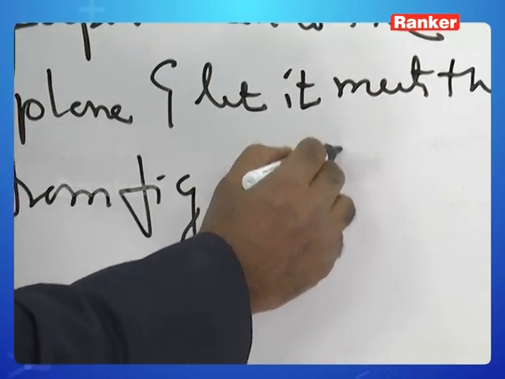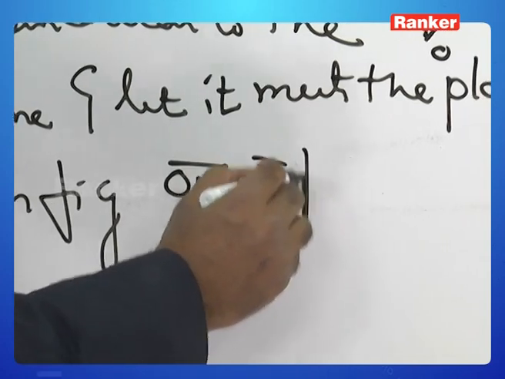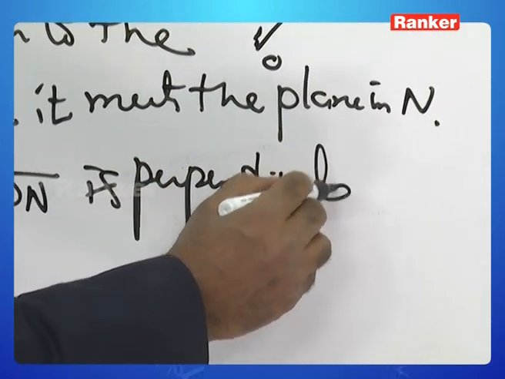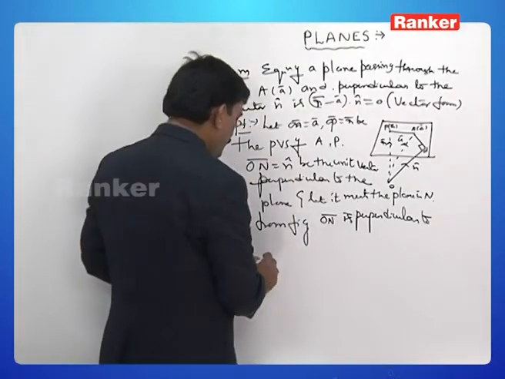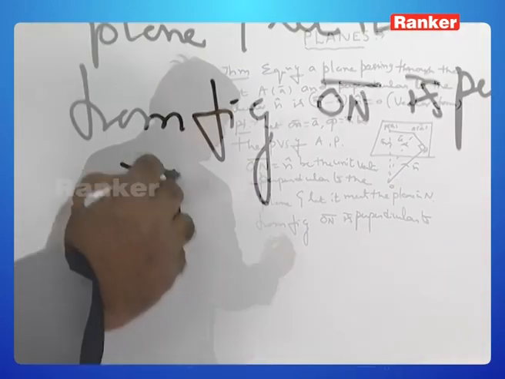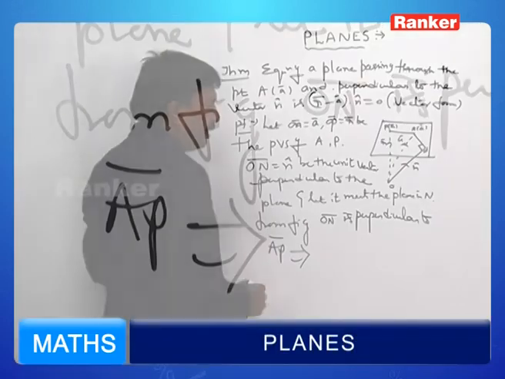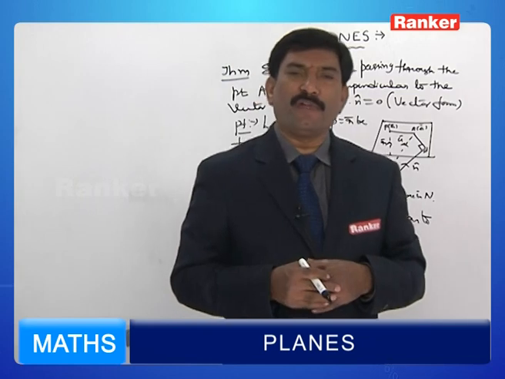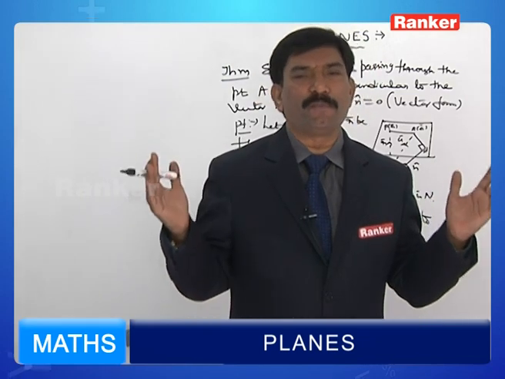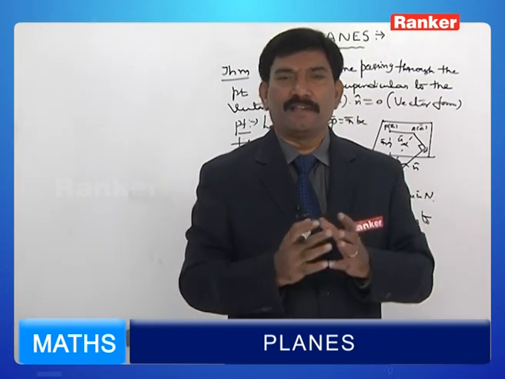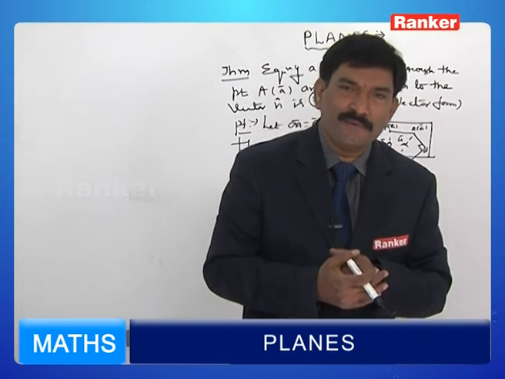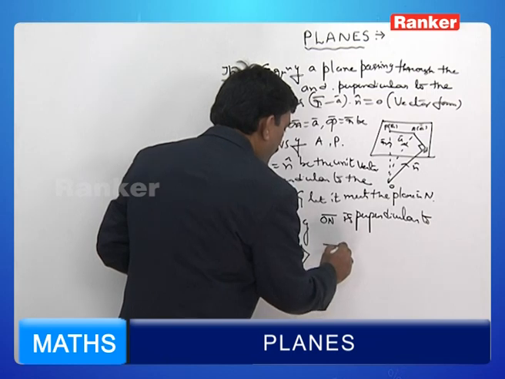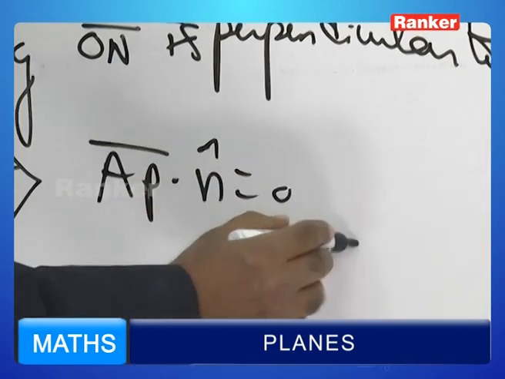ON bar is perpendicular to AP bar, which implies, we know from vector algebra dot product, when any two vectors are said to be perpendicular, then dot product is equal to 0. So therefore, I can write AP bar dot n cap is equal to 0.